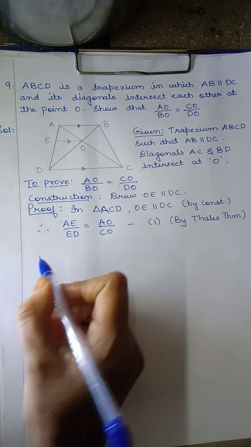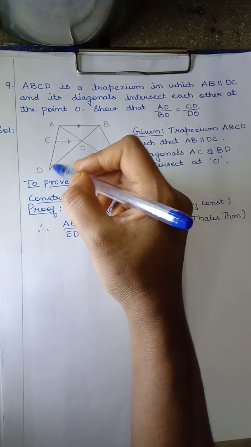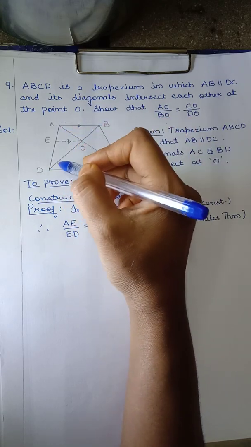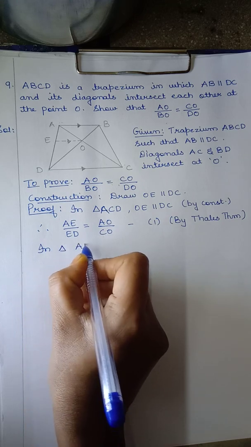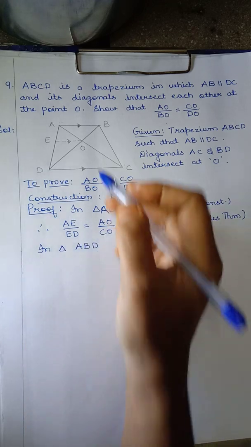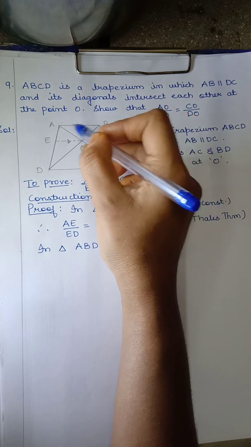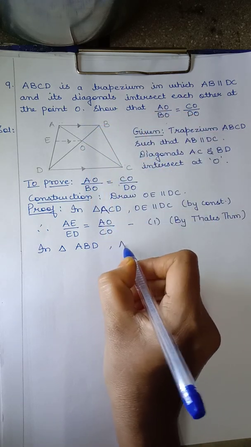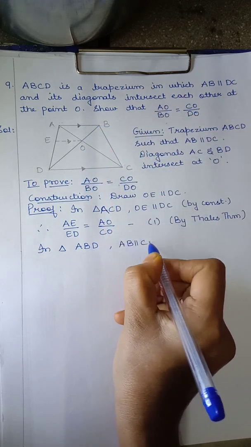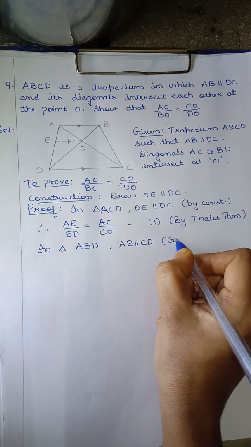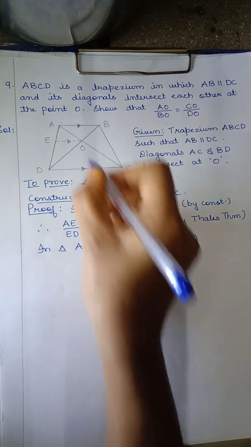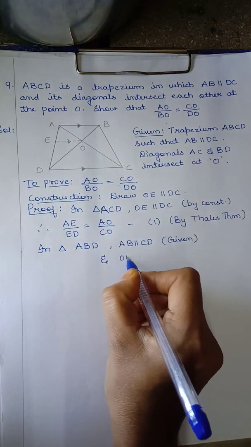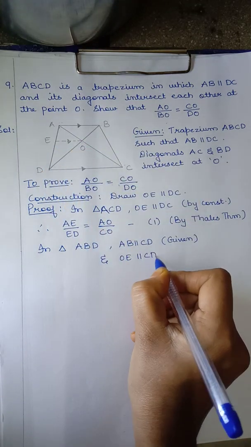Now consider the other triangle, ADB or ABD. In triangle ABD, we know that AB is parallel to CD, this is given, and also OE is parallel to CD.